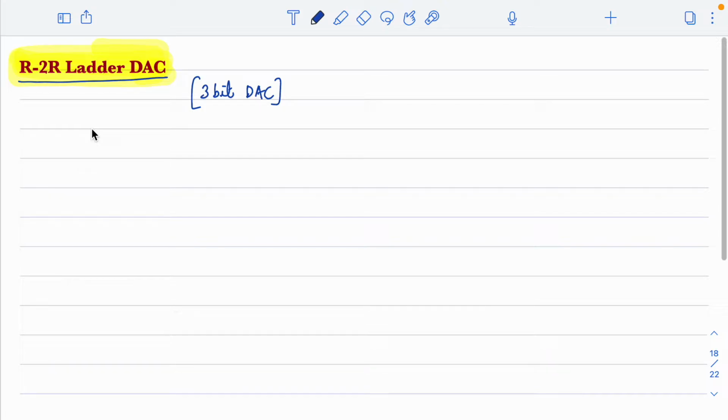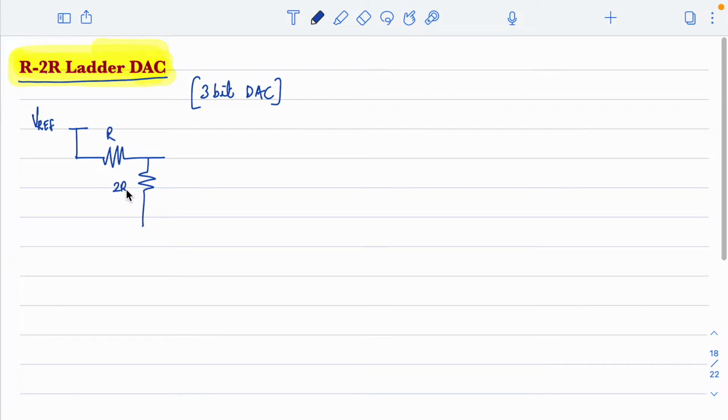So the basic structure we have is, as we know, we'll be generating the analog output from a reference voltage. From the reference voltage we have R and 2R structures. So this is R and this is 2R.